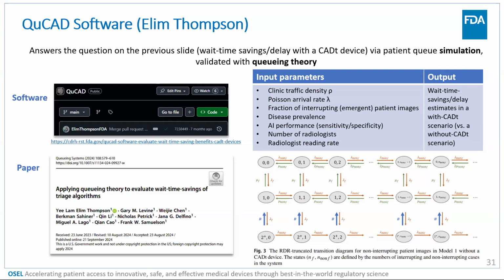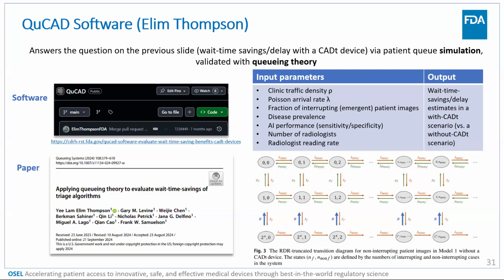The software is nice because it has both simulation and validation with queuing theory. She used queuing theory, mathematical theory, to validate her simulation. All that theory is described in this paper. This is just one of many interesting diagrams in that paper.